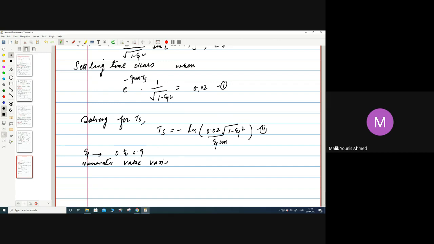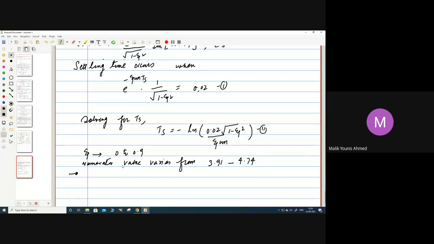You can substitute the various values of 0, 0.1, 0.2, 0.3, and the value of the numerator will vary only from 3.91 to 4.74. So then we approximately agree.